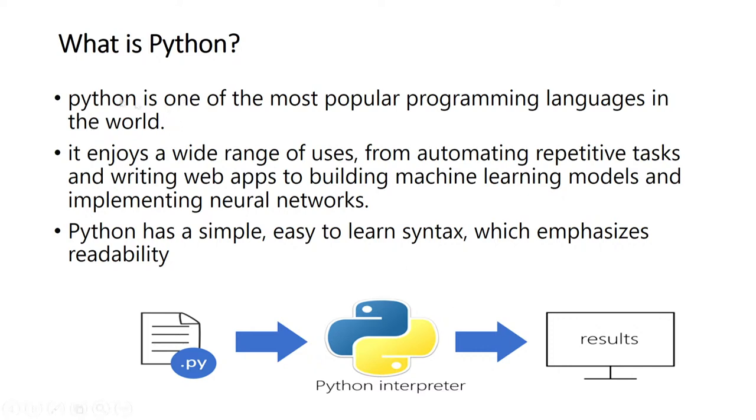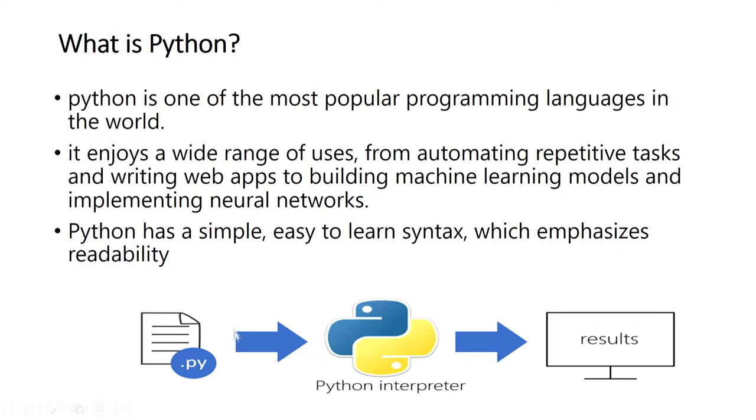So how does Python run? Once you write the instructions in an interactive console, or you can save your instructions in a .py or Python file, those instructions will be interpreted by a Python interpreter. The Python interpreter will interpret your code for the computer, so that the computer can execute it.